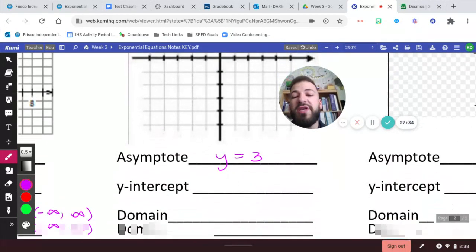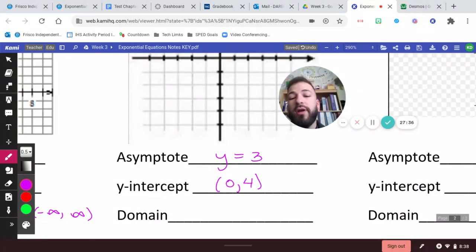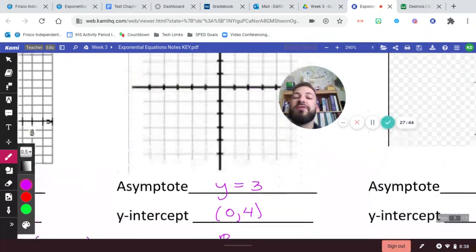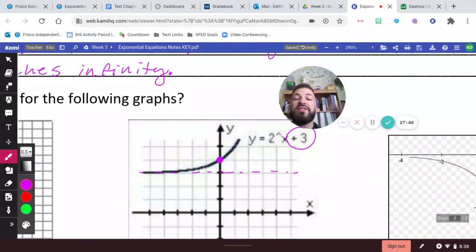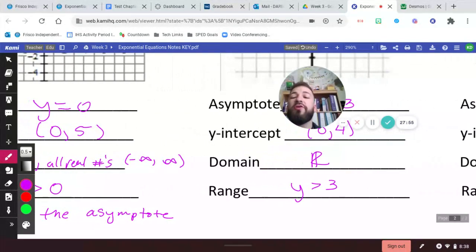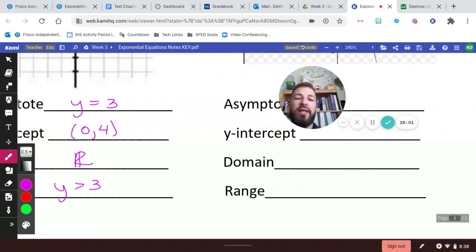So our y-intercept would be (0, 4). For our domain, we just said this, domain is always all real numbers. And then our range is y is greater than or less than the asymptote. So our exponential function is above the asymptote, so it's going to be y is greater than 3. And just a reminder, y'all, it's not greater than or equal to, because remember, we can't equal the asymptote. It's bounding our graph. We're not going to be touching or crossing it.